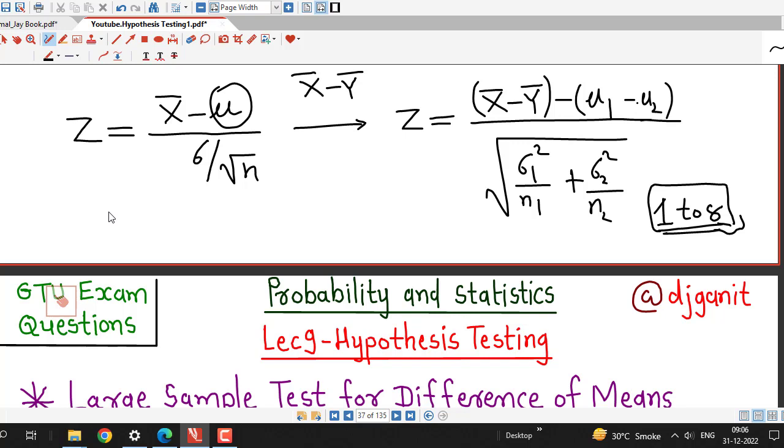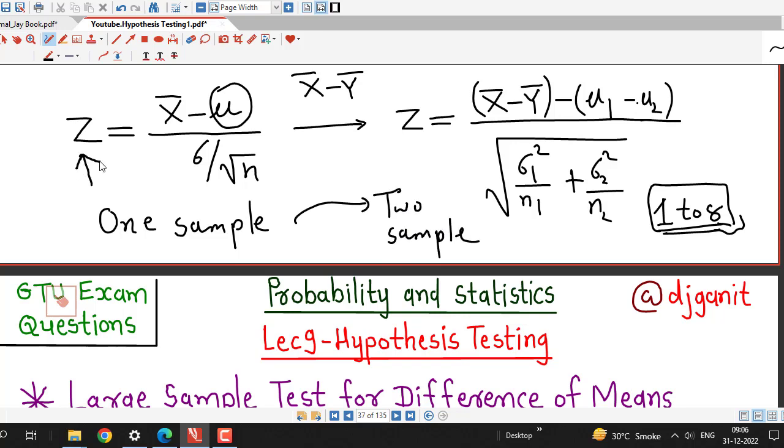So whatever we have discussed for one sample, we are generalizing that concept to two sample. That is the reason this is called one sample Z statistic and this is known as two sample Z statistic.